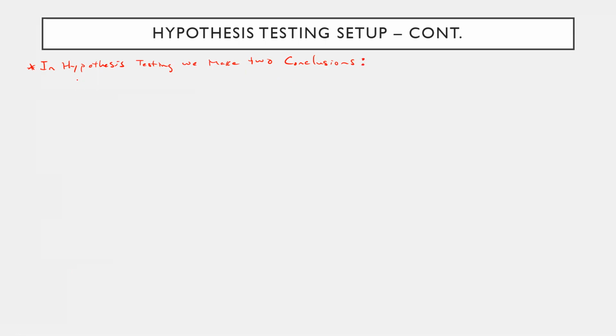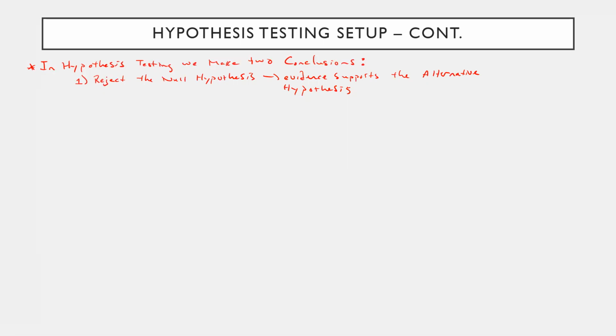The first thing you can do in hypothesis testing is what's called reject the null hypothesis. What this means when you reject the null hypothesis is evidence supports the alternative hypothesis.